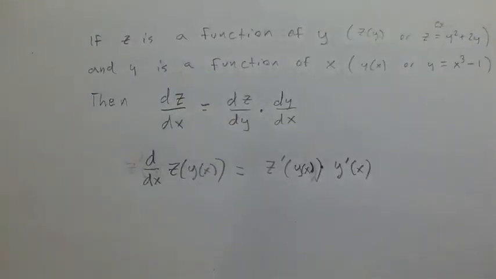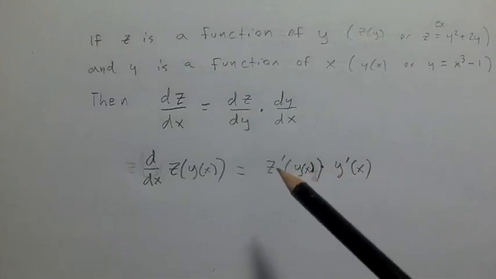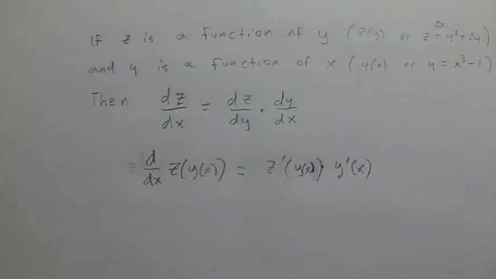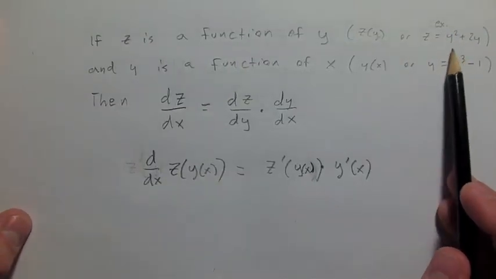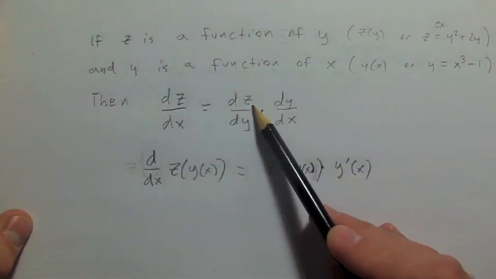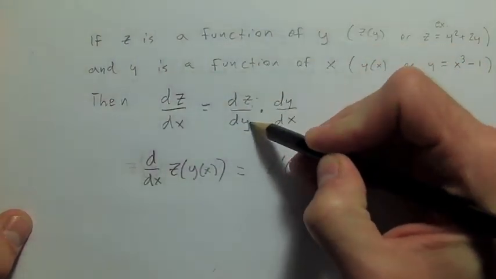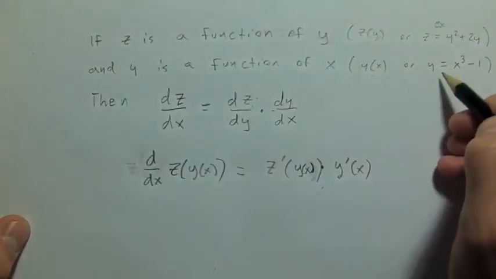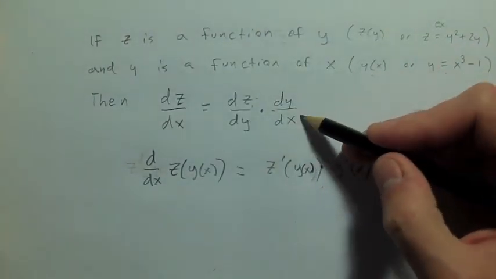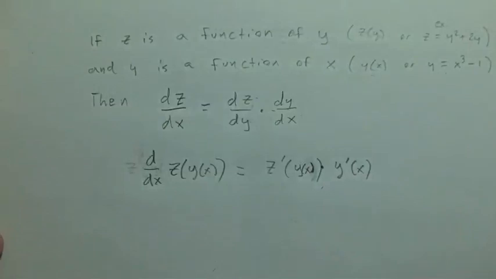Now the important part about this is what's happening is if we have this expression in terms of y, so we're taking the derivative of just z with respect to its input y, and then we're multiplying it by the derivative of y with respect to its input, which is x, and we're just multiplying the two.